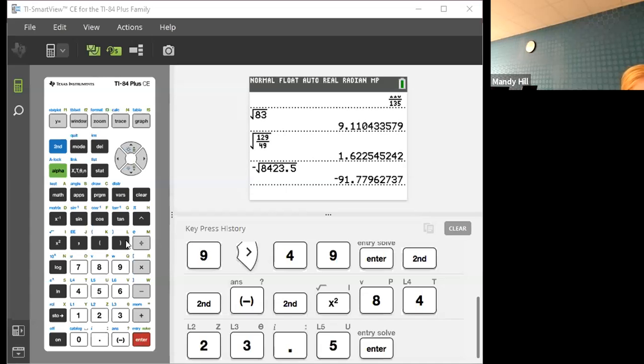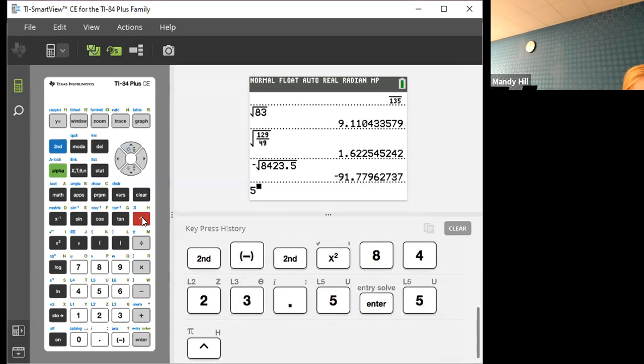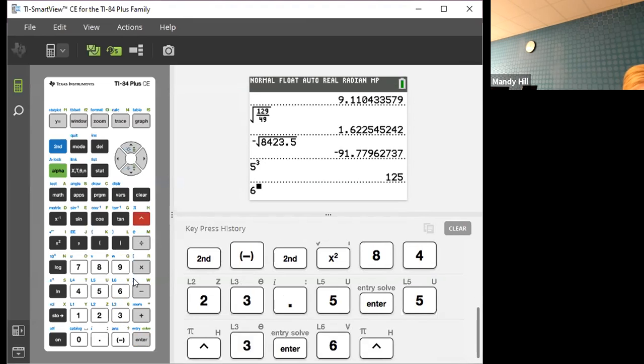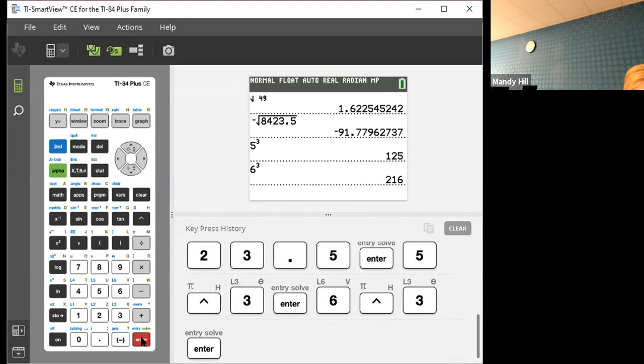If I go to my calculator and I want to type in 5 cubed, you're going to type in 5, and then this rooftop button, which is underneath the clear, and then 3, and that's going to give you your answer of 125. So if I want to do 6 rooftop 3, that's going to tell me 216. You can go to your calculator and type those in and get the answers.